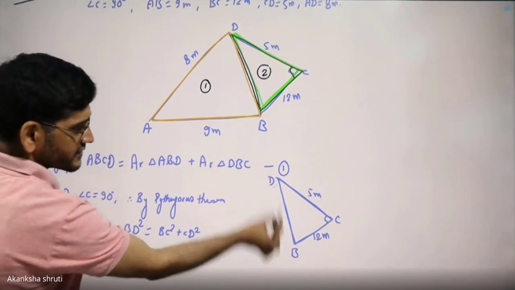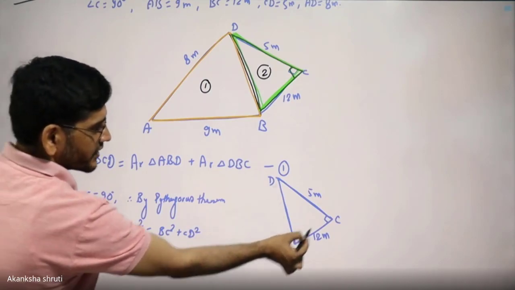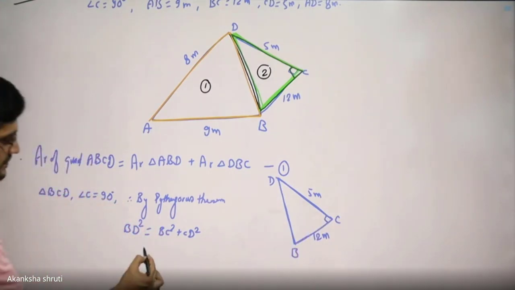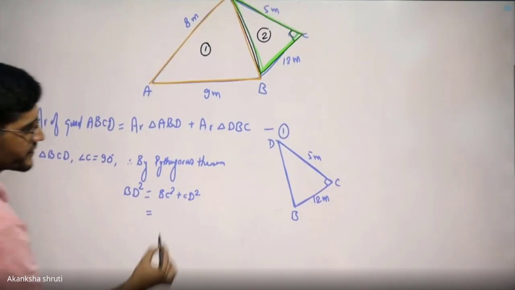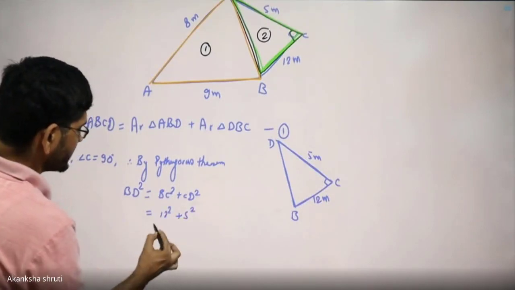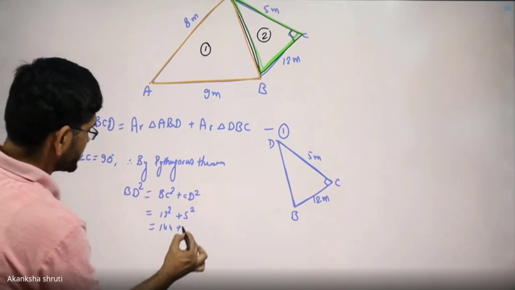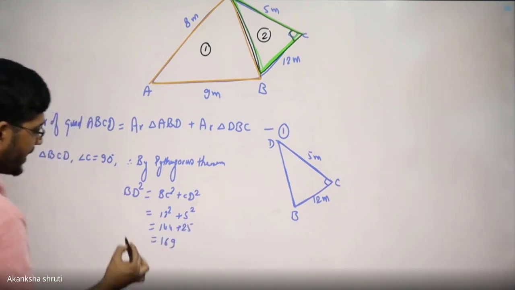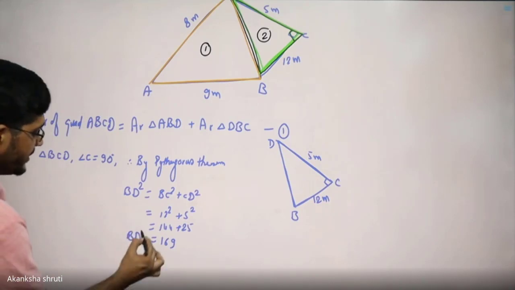Isn't it? This is acting as the hypotenuse, equal to the sum of the squares of the other two sides. So this BD square becomes 12 square plus 5 square. It is 144 plus 25. It is 169. Mind it, students, it is our BD square.